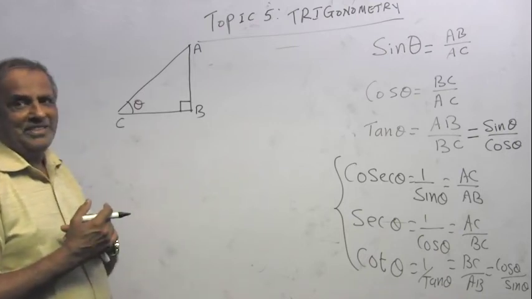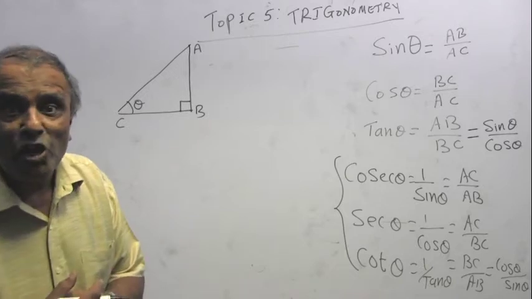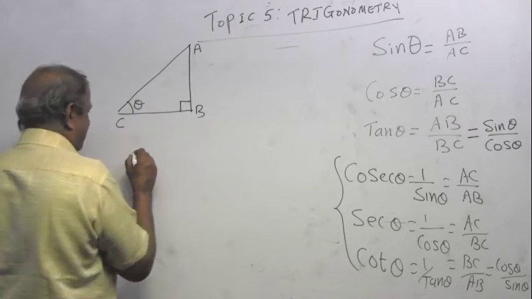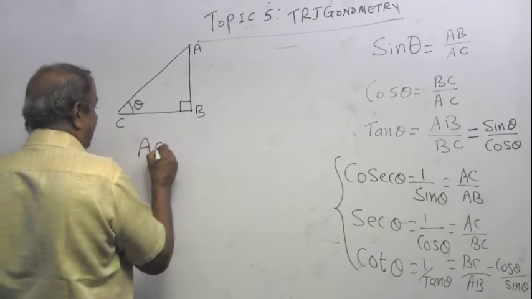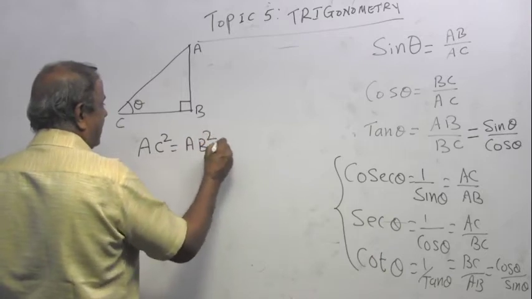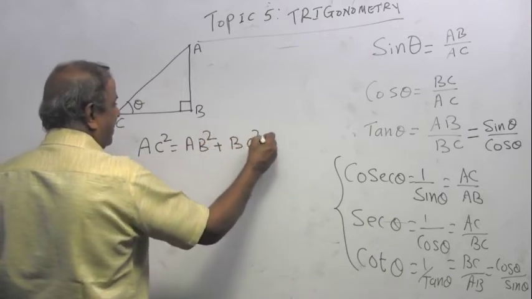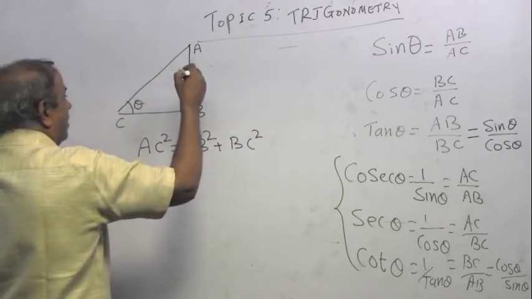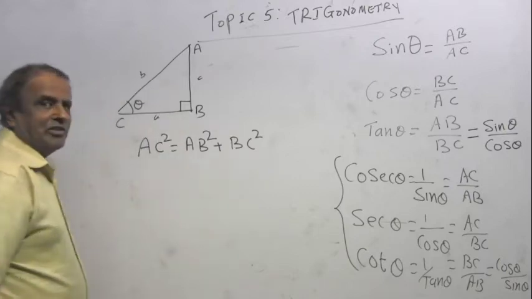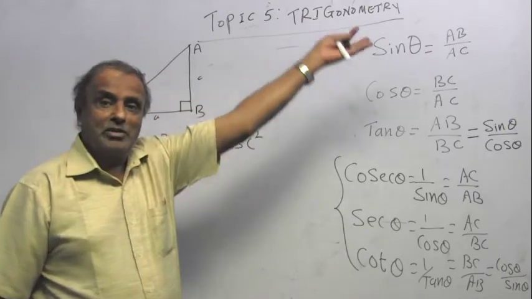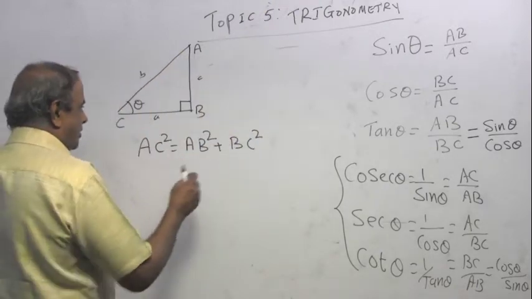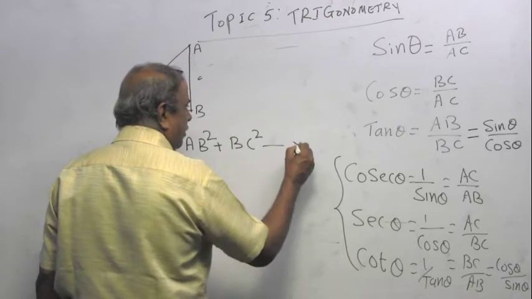Penny for your thought. Pythagoras. So what's Pythagoras? AC squared equal to AB squared plus BC squared. Or if this is small c, that is small a, that is small b, then b squared equal to a squared plus c squared, at least different from a squared plus b squared equal to c squared. Very good. Now, this is Pythagoras, right?